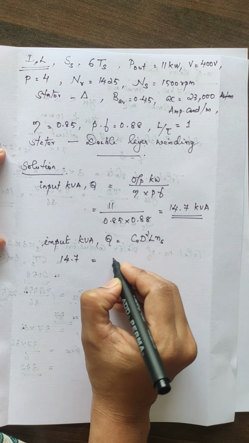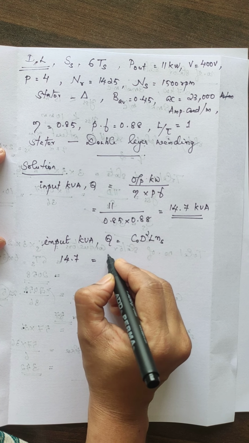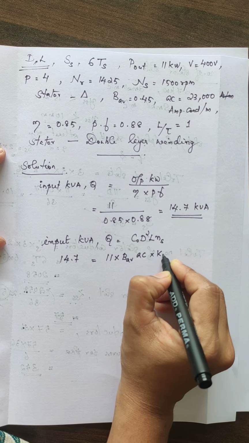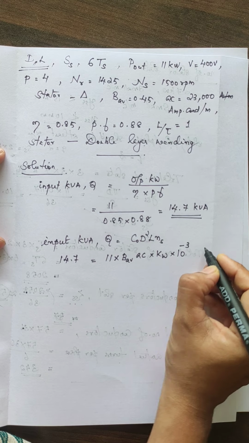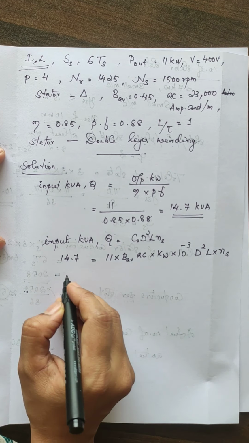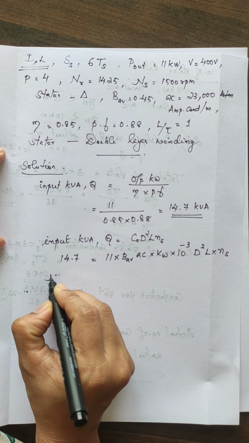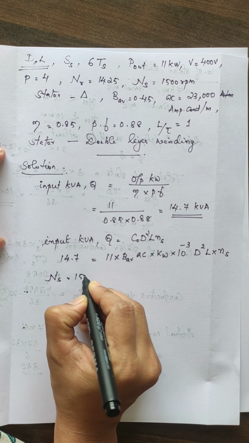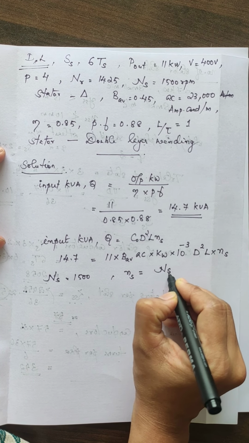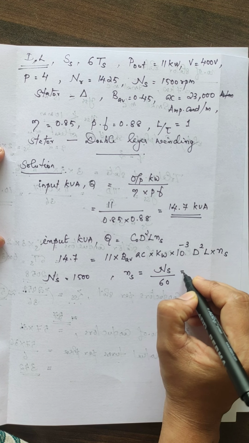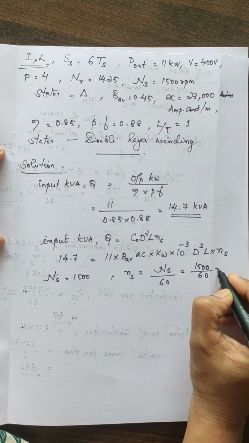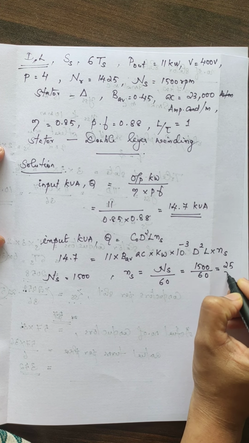So 14.7 is equal to C0, where C0 is 11 into B average into AC into KW into 10 raised to minus 3, into D square L into ns. ns is the synchronous speed in rps. We know the synchronous speed in rpm is 1500, and the synchronous speed in rps is obtained as 1500 divided by 60, which is equal to 25 rps.